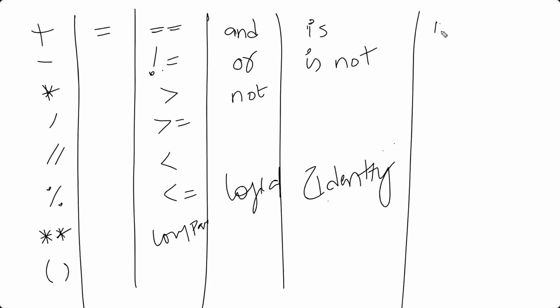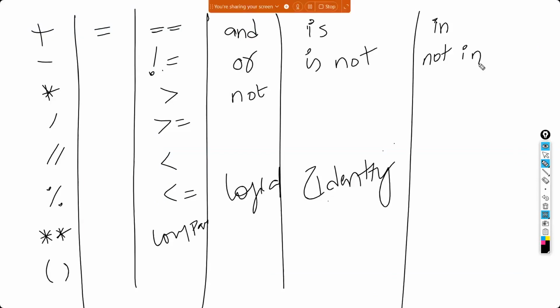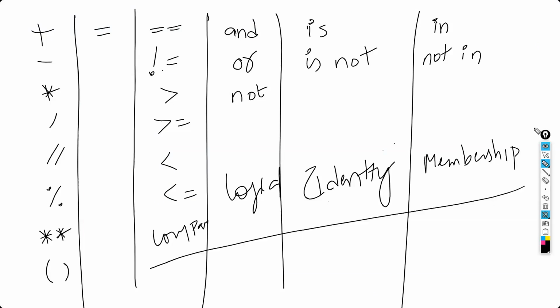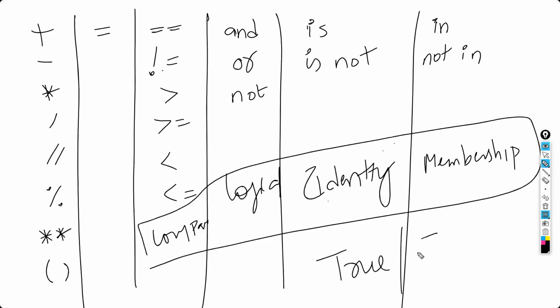And the next one is in, not in, which is called membership. These four operators, comparison, logical, identity, and membership, all of them give the output as either true or false.